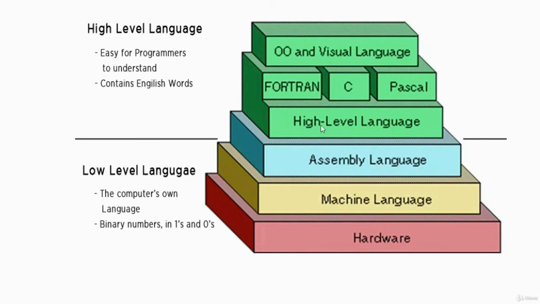Whereas the further away it is, the harder it is for machines to understand, but they're easier for programmers to understand because they contain English related words. So for the machine to understand what this block here is saying, it needs to be converted into machine code using a compiler or an interpreter.